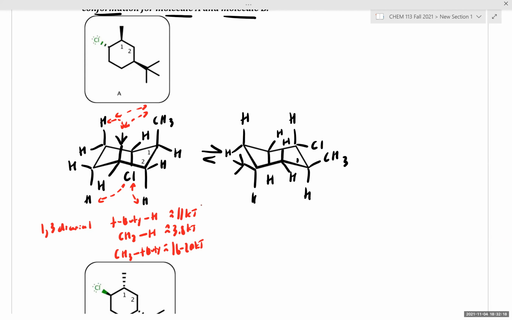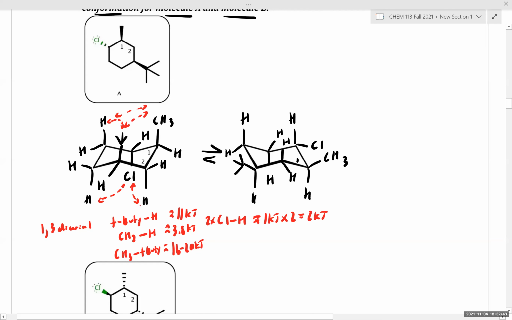What else do we have? What other diaxial interactions do we have? Chlorine hydrogen. Yep, chlorine hydrogen. So we have 2 of them. And what's the value of that? I think it's about 1 if I recall. Yep, 1 kilojoule times 2, which gives us 2 kilojoules total of steric strain.